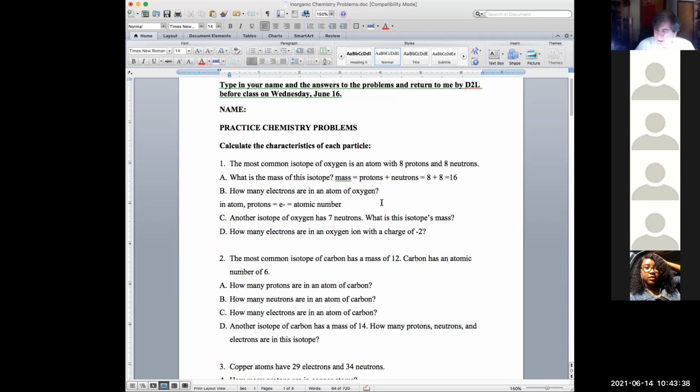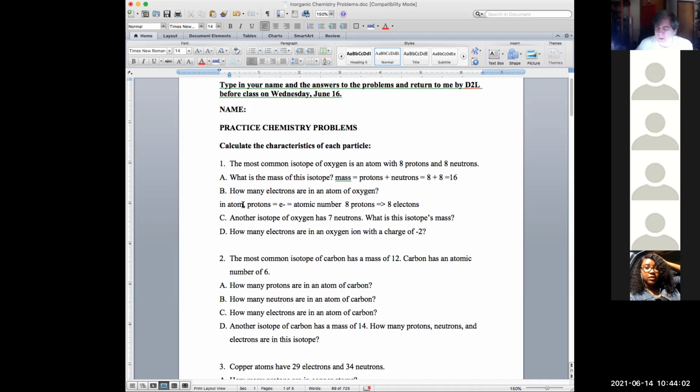So in this case, we know that there's 8 protons. It tells us at the beginning. So since there's 8 protons, this means there must be 8 electrons.